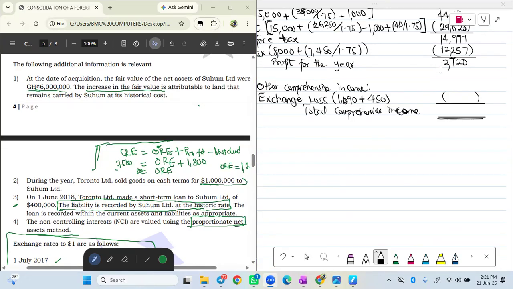It's 1,540. And let's deduct the other comprehensive income from the profit for the year. 1,180. So you move on to the statement of financial position, Toronto Group.